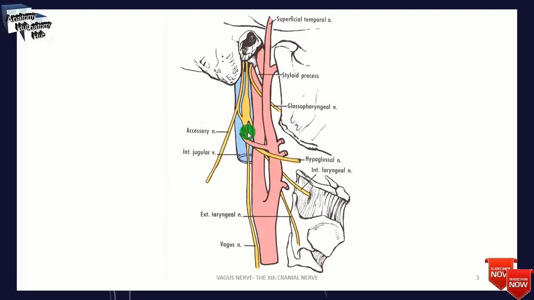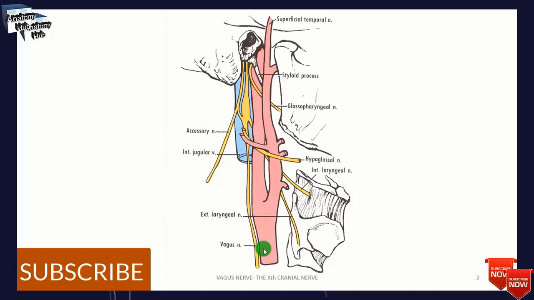So it descends within the carotid sheath between the internal jugular vein and the common carotid artery. The vagus then crosses anterior to the first part of the subclavian artery. Its subsequent course we will describe during the thorax and abdomen, but here we will focus only on the vagus nerve course and distribution in the neck region.